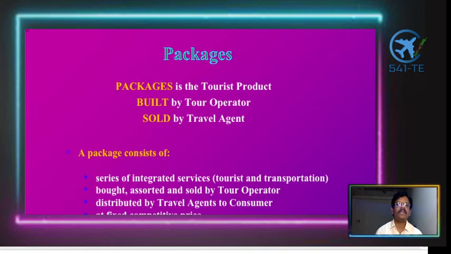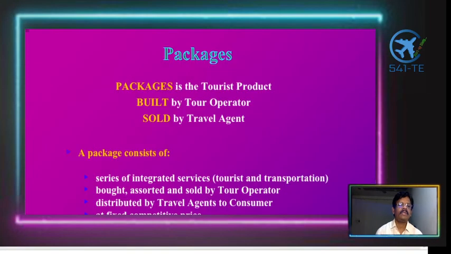If you look at the package, it is the tourist product built by tour operators, sold by the travel agent, and operated by the tour manager. The tour package consists of a series of integrated services, tourist and transportation, bought, assorted, and sold by the tour operators, and distributed by the travel agent to the consumers, and ultimately the consumers use the product at the end.